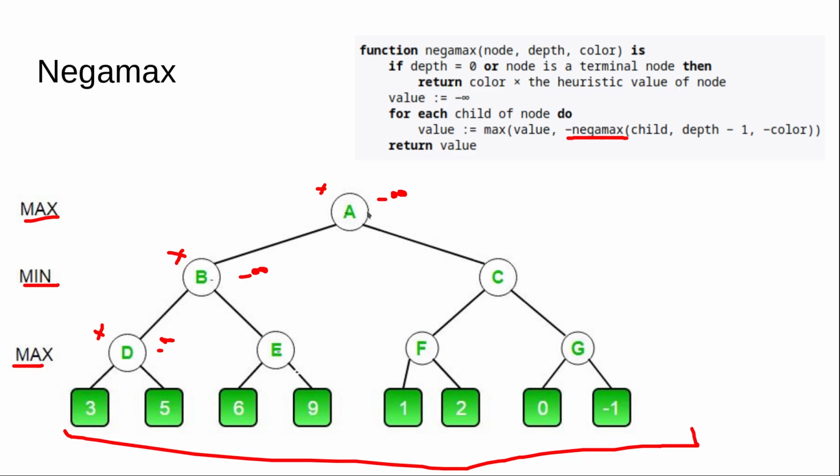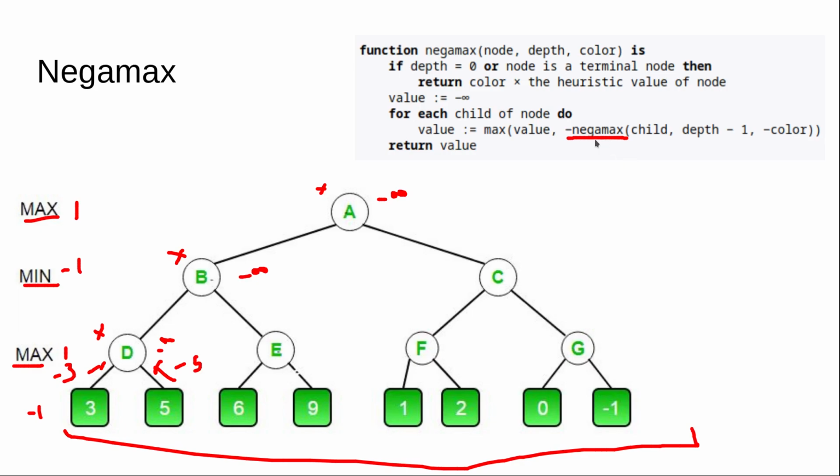So if supposedly the color of the maximizing player is 1, and the minimizing player is minus 1, and the maximizing player is 1, then at this depth the color would be minus 1. So the value returned by this would be minus 3, and this would be minus 5.